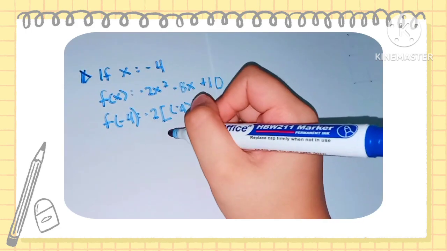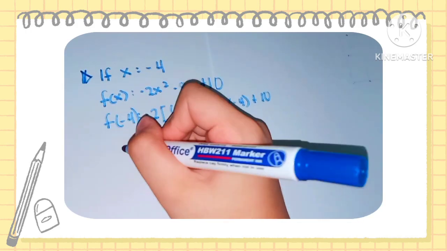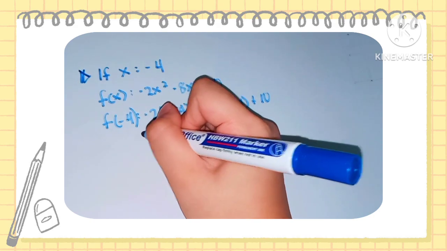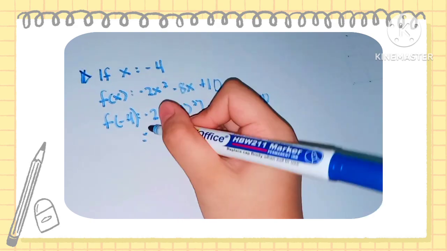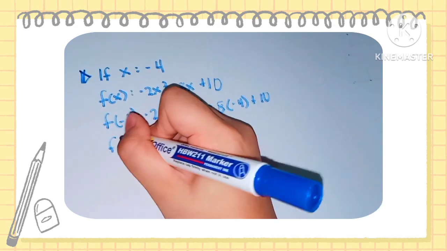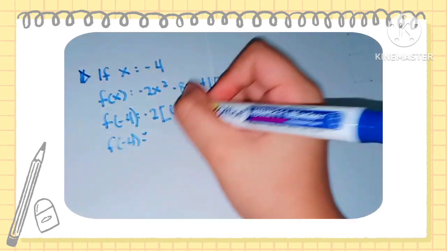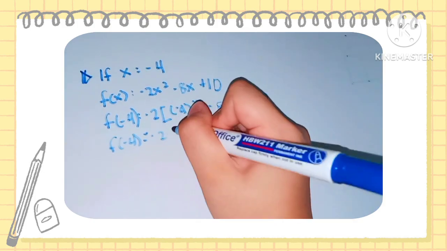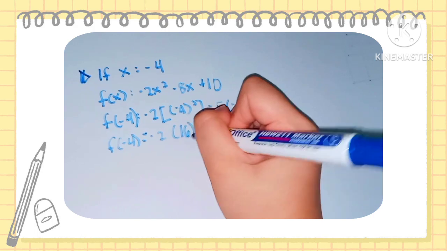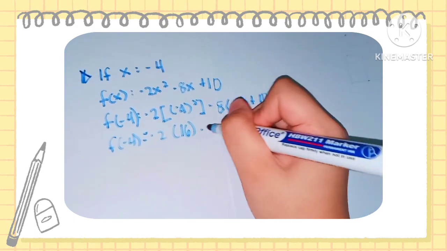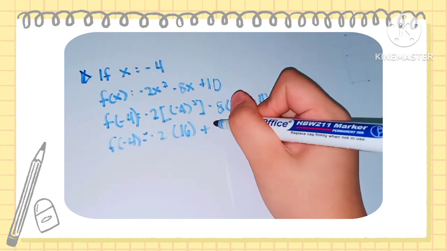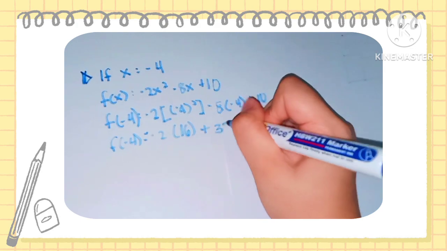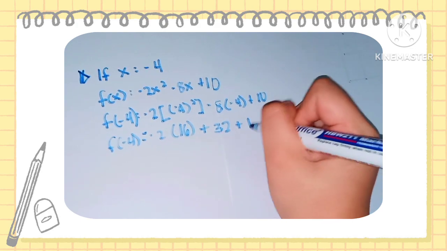So f of negative 4 is equal to negative 2 times 16 plus 32 plus 10.